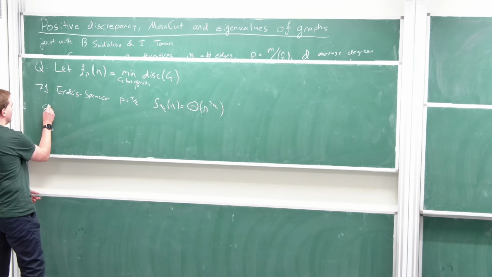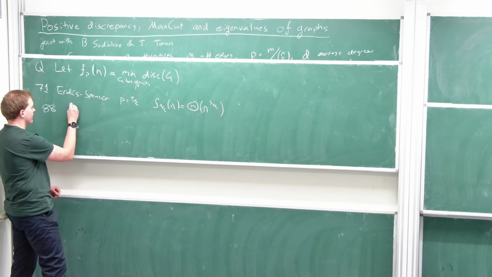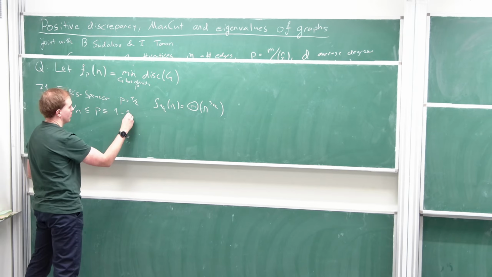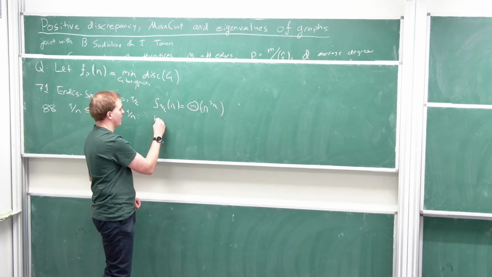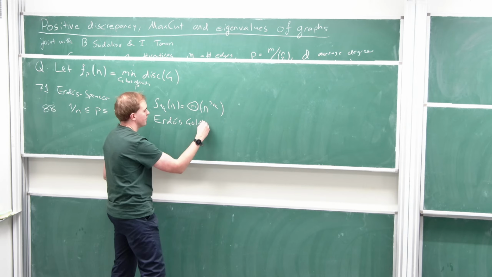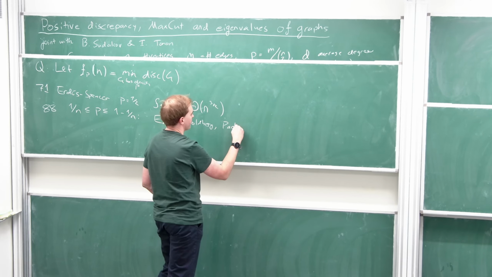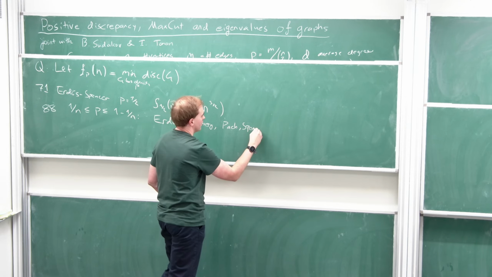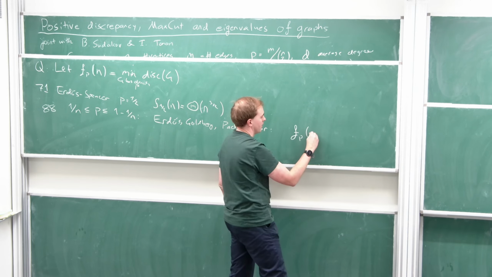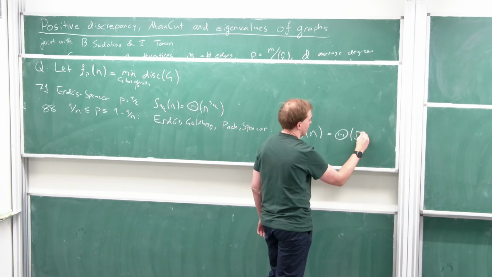Then quite a bit later, this was extended to other densities by Erdős, Goldberg, Pach, and Spencer, who proved that again it's the random graph which does the best.